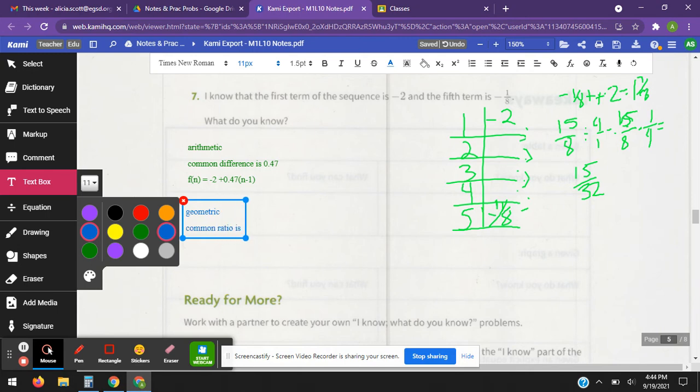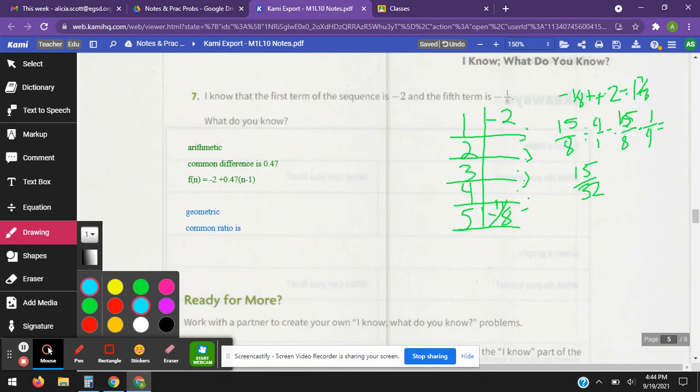It had a common ratio. I'm going to go ahead and get out my drawing stuff. And what if I did this in the blue for a geometric? Geometric is I divide out my last one times my first one, because I have -2 times r to the 4th equals -1/8.